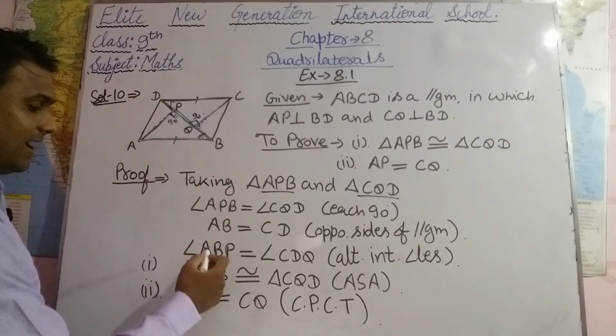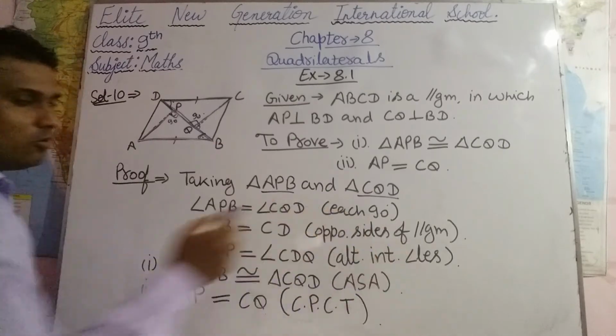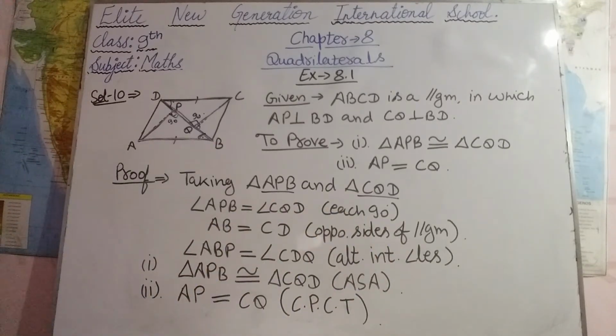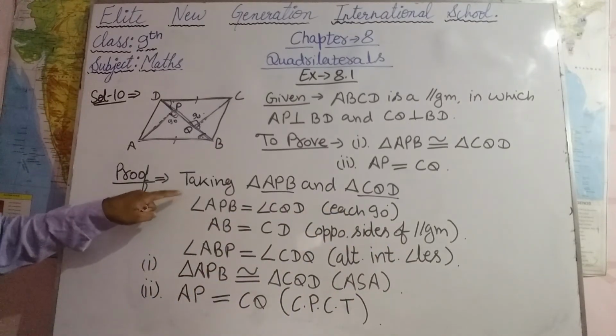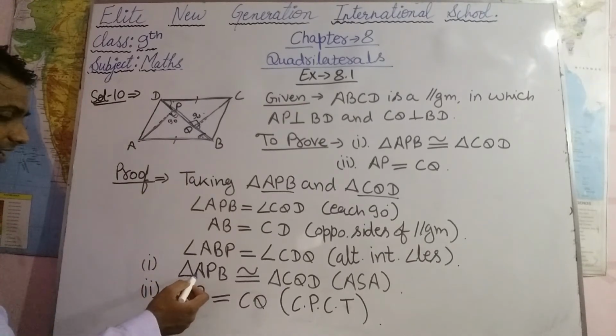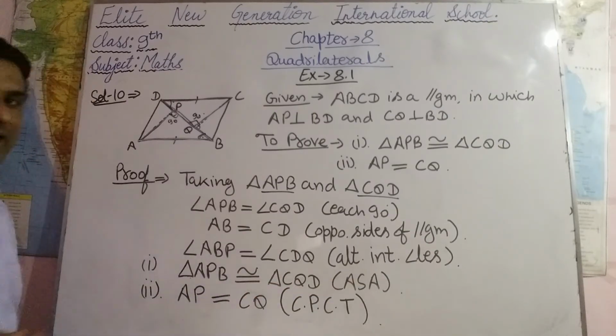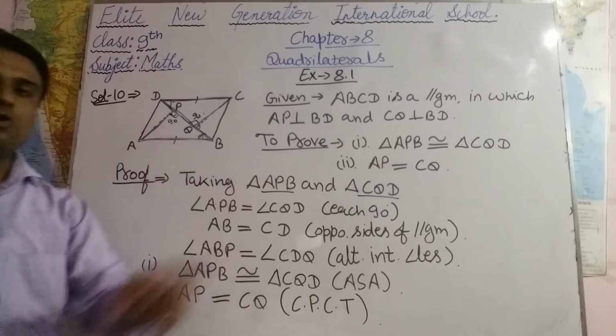On the basis of this, by ASA, we can say that triangle APB is congruent to triangle CQD, ASA meaning angle side angle. These two triangles will be congruent.